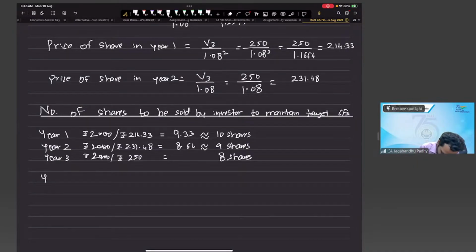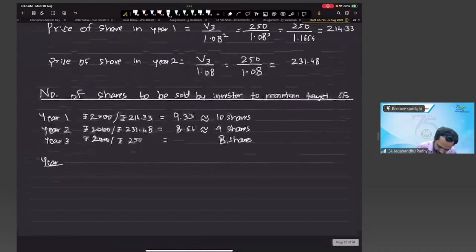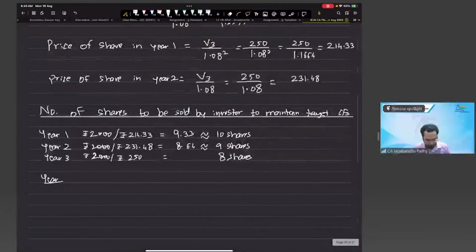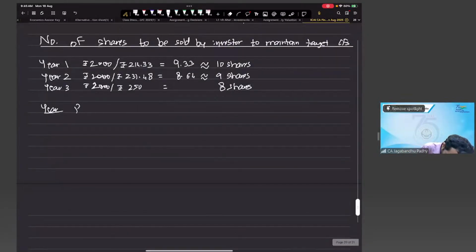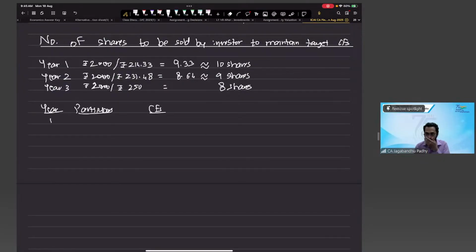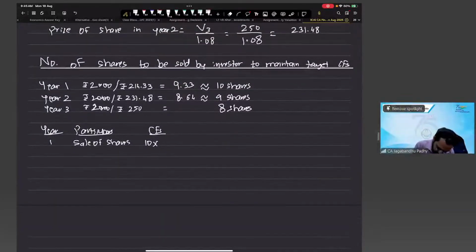So we'll tabulate the year, particulars, and the cash flows that are happening. In year 1, the first year, we have sale of shares. 10 shares were sold at a price of 214.33.